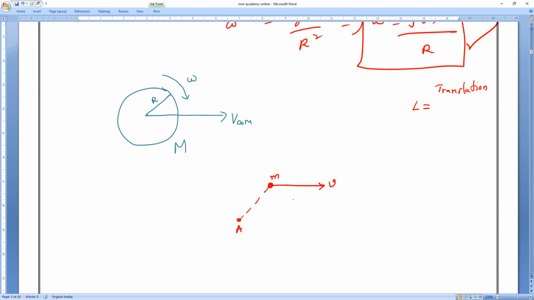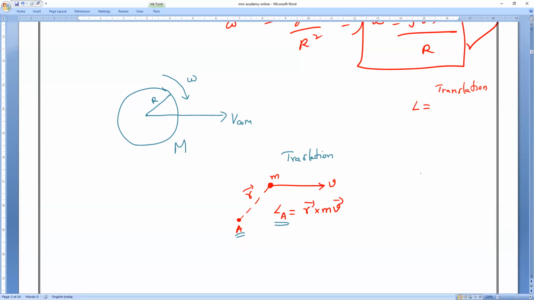Angular momentum with respect to A is equal to R into M into V. Am I right, guys? Translation motion. Is it correct? Yes. So for translation motion, angular momentum with respect to a point A is R into M V.